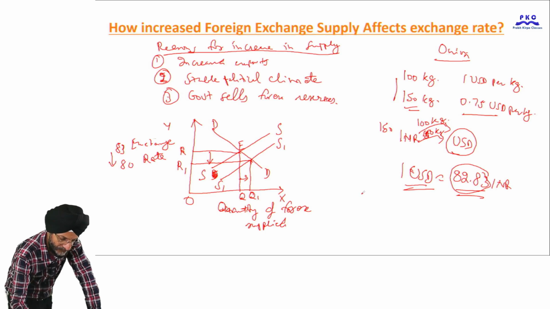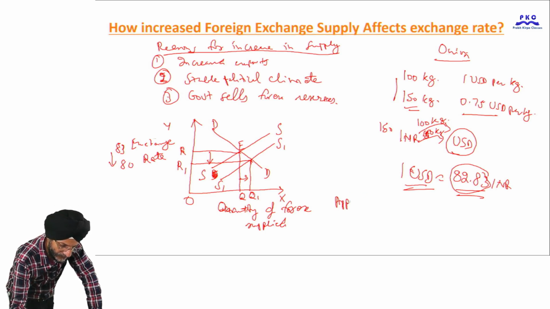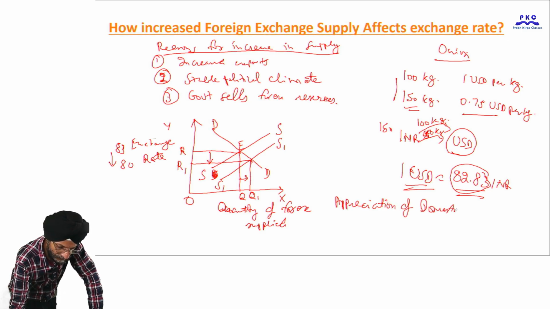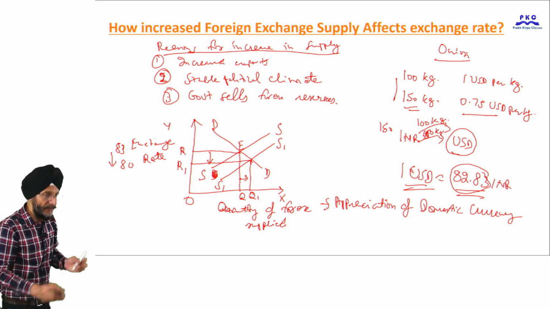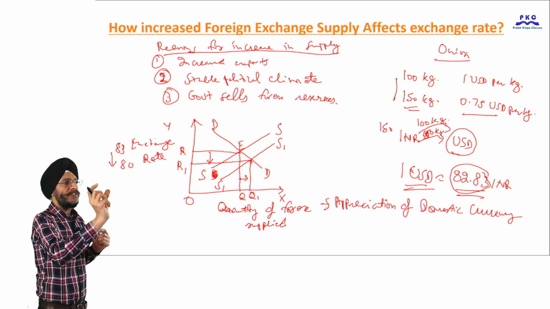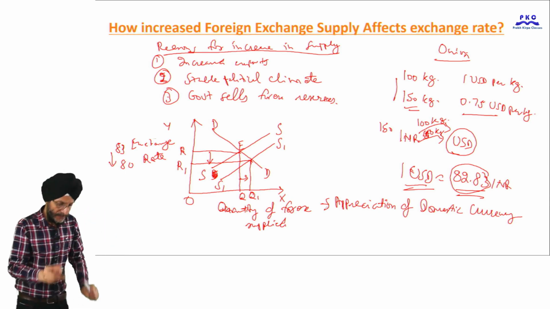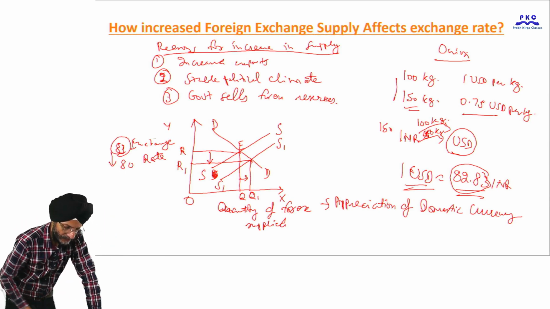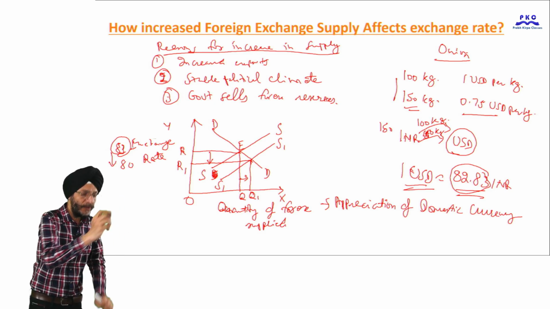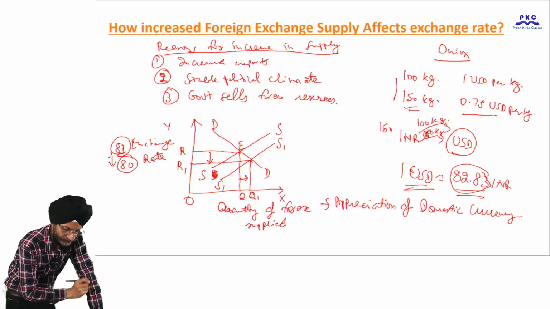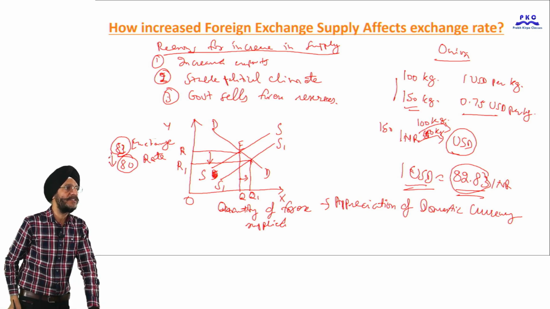It means that there is appreciation of domestic currency. How has it happened? Earlier, to get $1 we were paying 83 rupees. But now to get $1 we have to pay only 80 rupees. So it is appreciation of domestic currency.